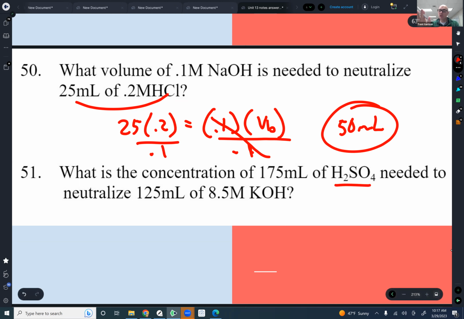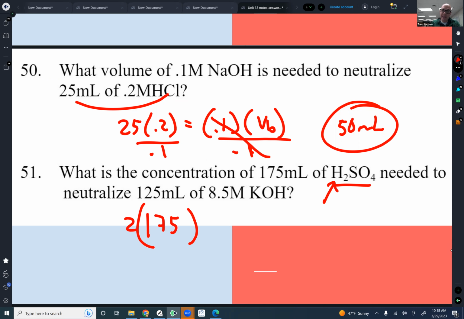Now notice this is still a strong base, so that's okay. Both of those H's are going to be released at the same time. So what that means is that I am going to need to multiply by the number of H's, because it's going to release both of them at the same time. So I've got 175 milliliters times 2 because there are 2 H's.